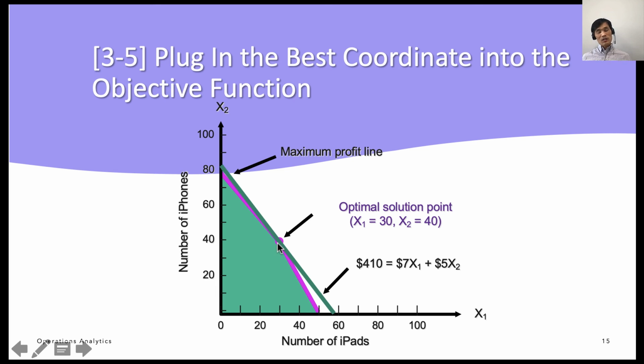You can solve it by using the substitution method or the subtraction method, and set them equal and find the point where they are meeting together. And you find that the optimal solution point in this case is x1 is 30, x2 is 40.